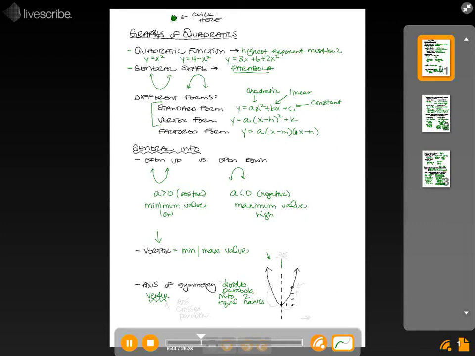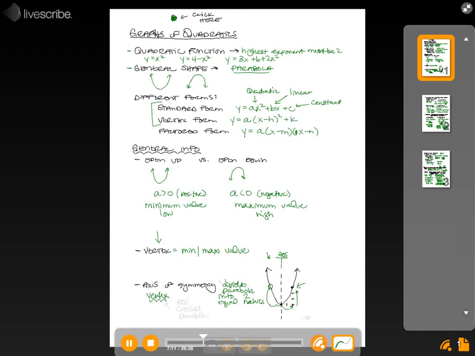We abbreviate axis of symmetry AOS a lot of the time. In our picture, it's this dashed line. If I have this point here on the right-hand side, from my vertex, I would go 2 over and 3 up. That means I have an identical matching point on the other side. So I would go 2 to the left, and then 3 up, and I have a matching point on the other side.